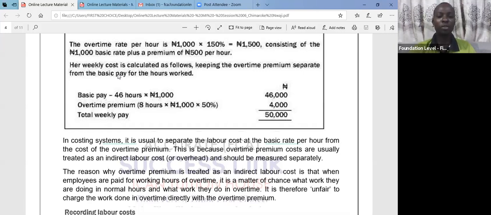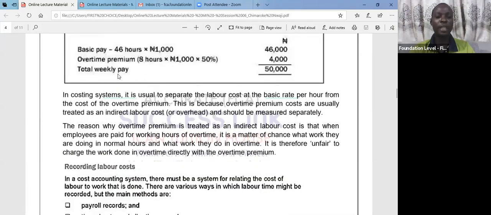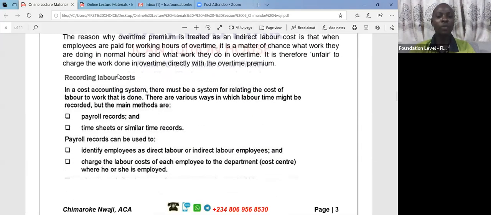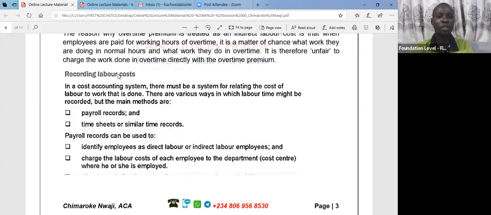So let's go to recording labor costs. How do we record labor costs? In a cost accounting system, there must be a system for relating the cost of labor to the work that is done. There are various ways in which labor might be recorded, but the main methods are the use of payroll records.